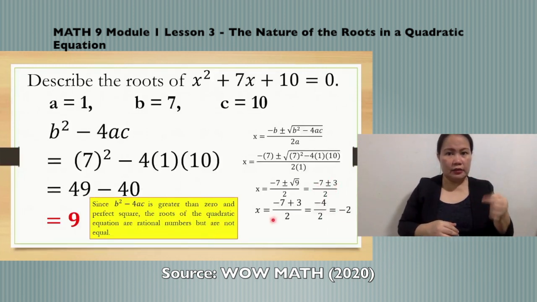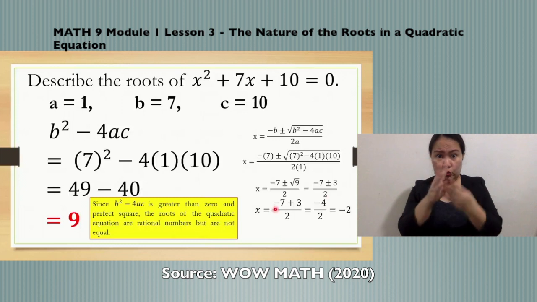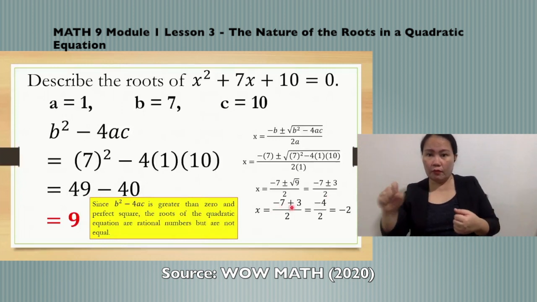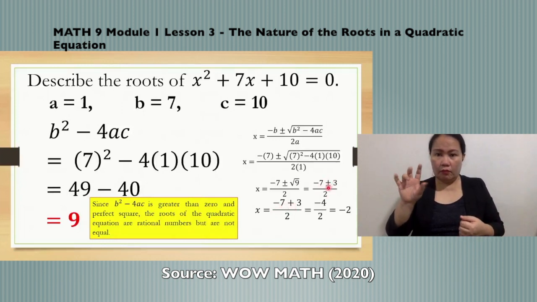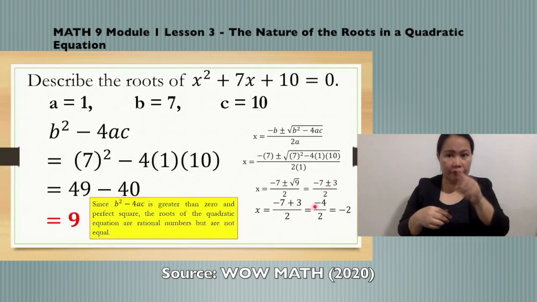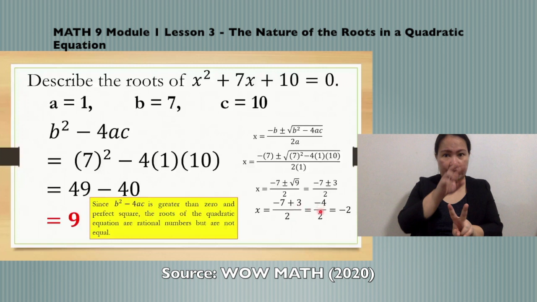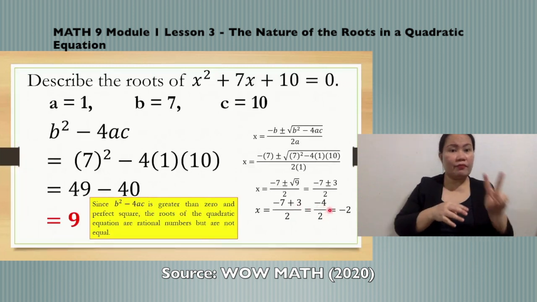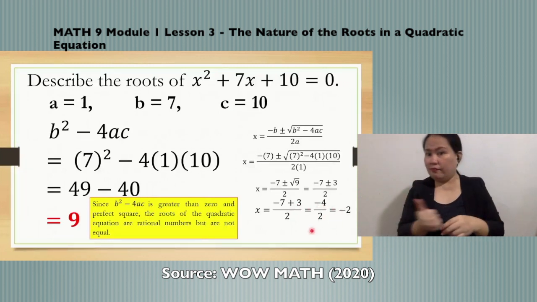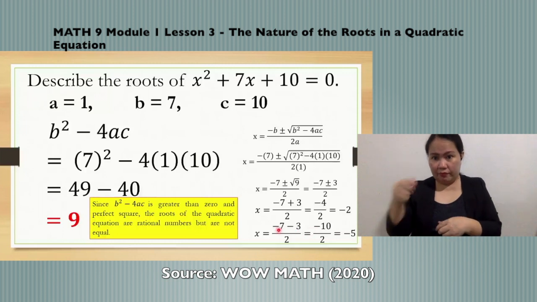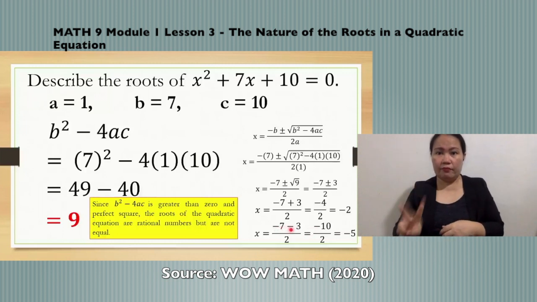Okay? So we have two solutions. So the first one is negative 7 plus, kasi positive or negative, so plus 3 over 2. So let us simplify. Negative 4 over 2. So ang makukuha natin dito ay negative 2. The other one is negative 7 minus 3, kasi negative yung isa.